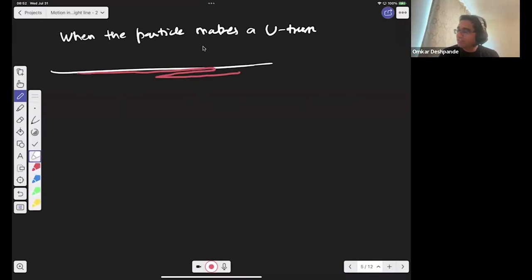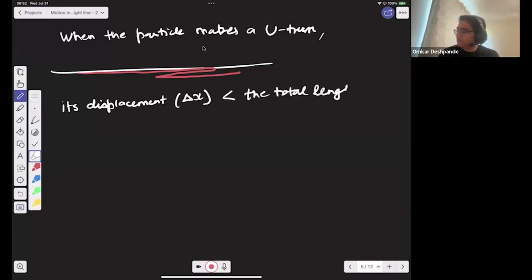So overall, its displacement, or delta x value, will be less than the actual length of the path that it walked, right? The total length of the path walked, assuming it's walking, and this total length of the path that it traveled is the distance.